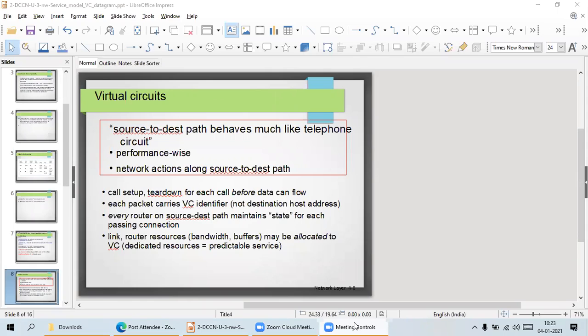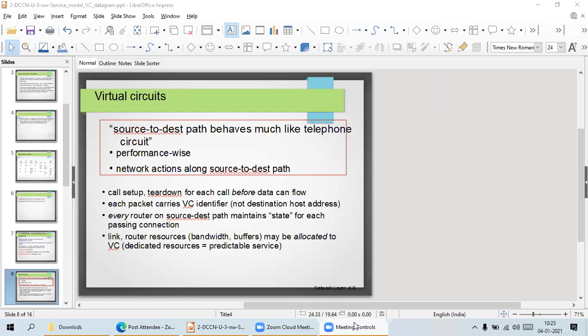That means whenever I'm establishing a connection, if I have a host address and not the virtual circuit identifier, what will happen? I can transfer the same voice through different hosts.